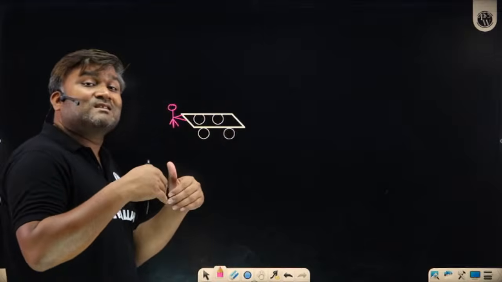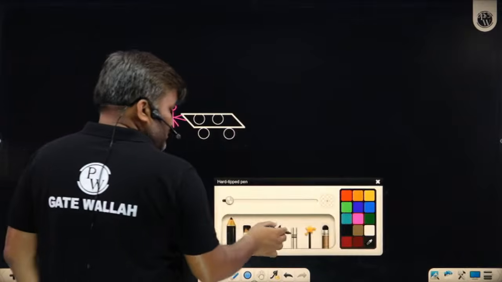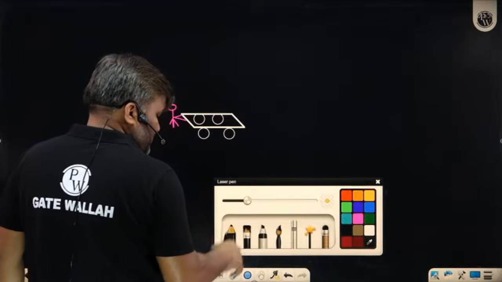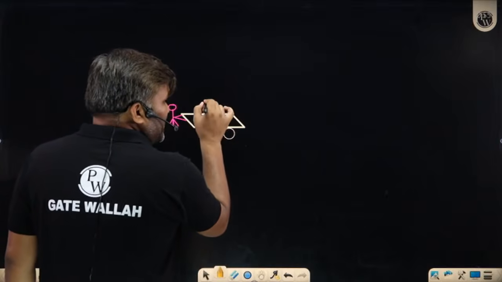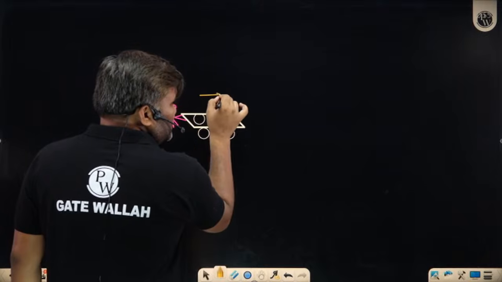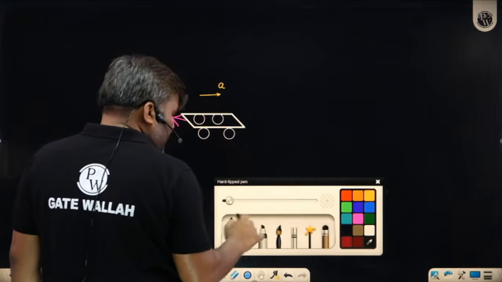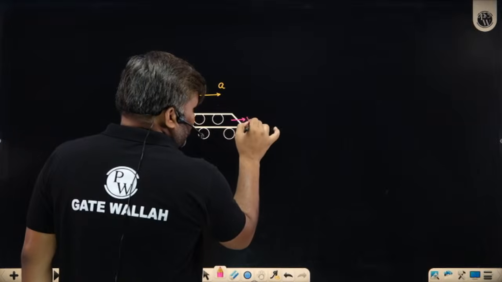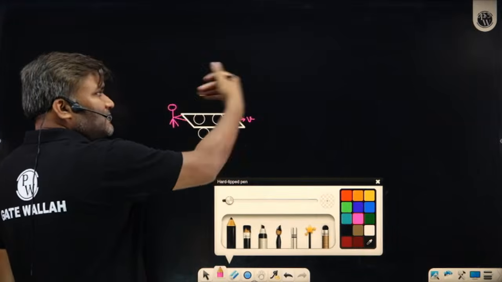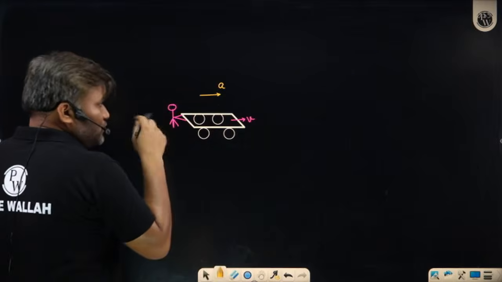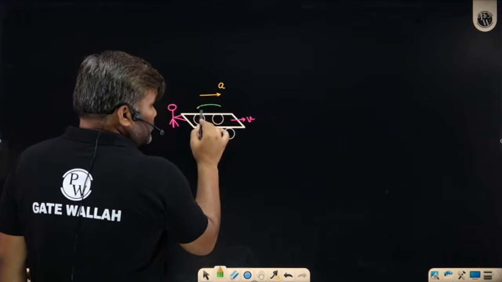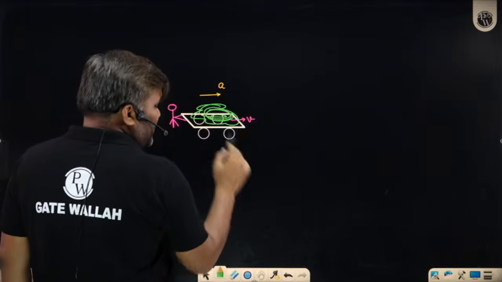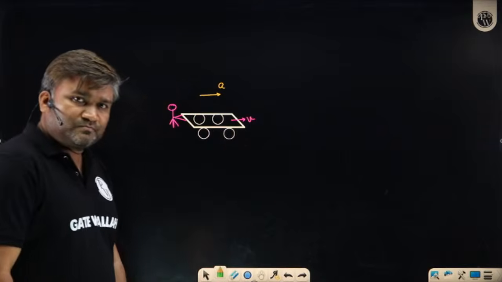If you want to accelerate this, if you want to speed up, what is the meaning of speeding up? Sir, acceleration is in this direction. This cart is moving here with velocity v, and if you want to produce acceleration, you have to apply some force. Imagine I have a huge quantity, hundreds of kg of vegetables.